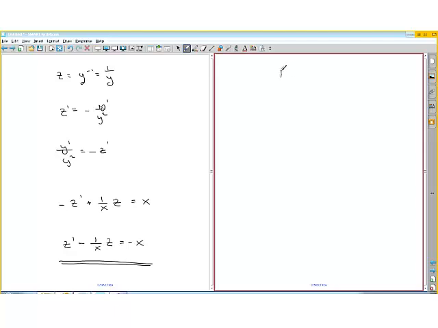So it's in standard form now. So next thing I do is find p of x, which is negative 1 over x. The integrating factor is going to be equal to e to the integral of p of x dx.